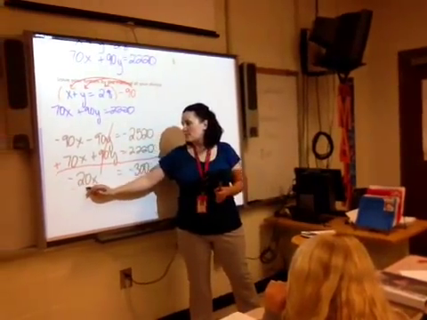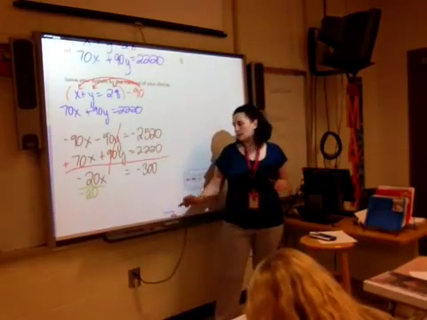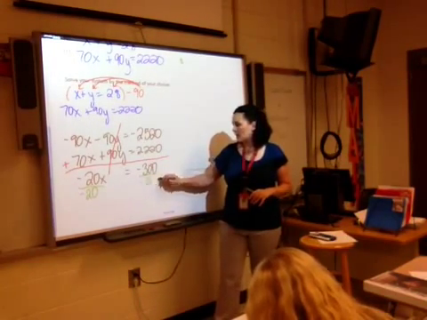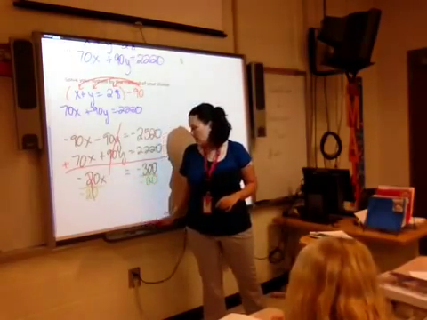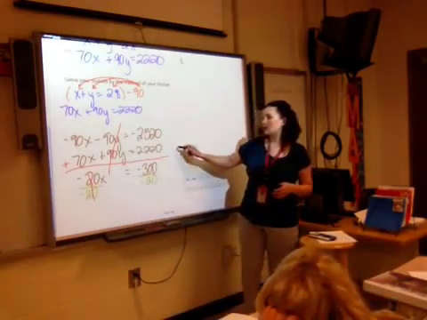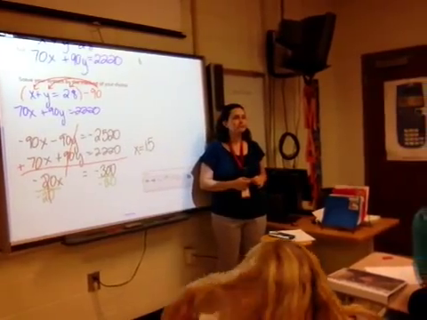We're going to divide 300 by negative 20 because you want to do the opposite operation to move it to the other side. So divide by 20 to both sides. And a negative divided by negative is a positive. You get x is equal to 15. Right?